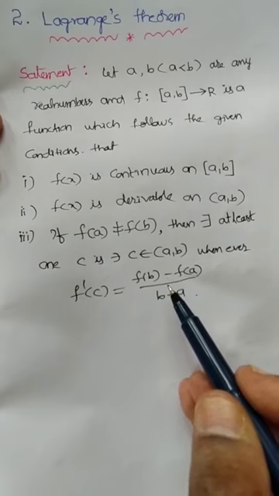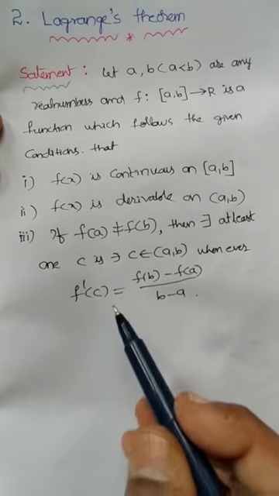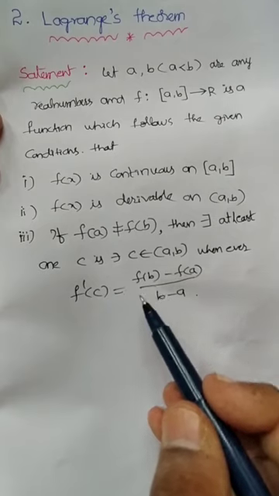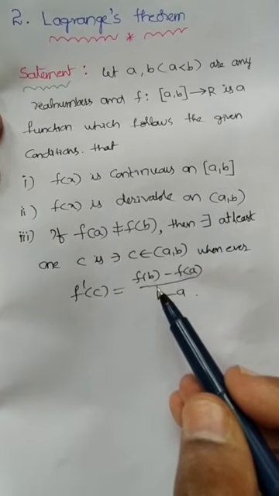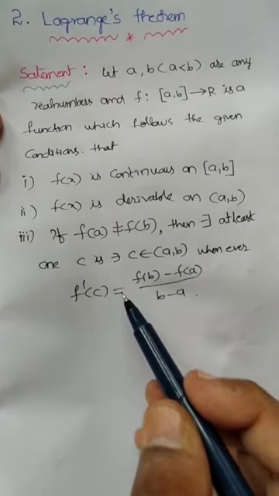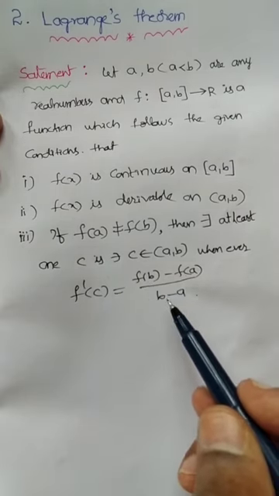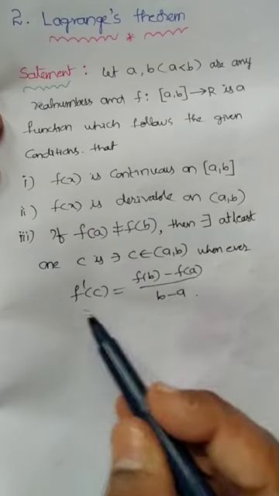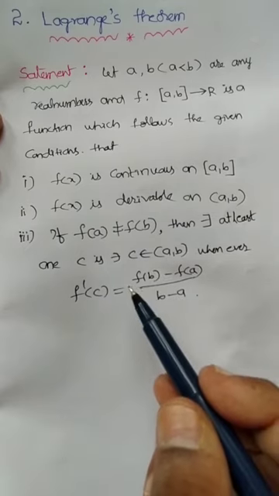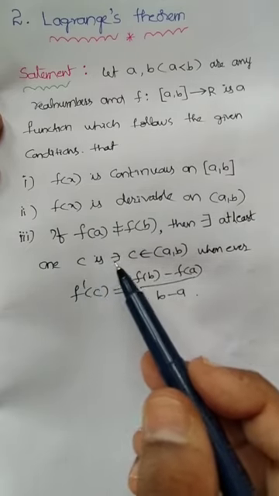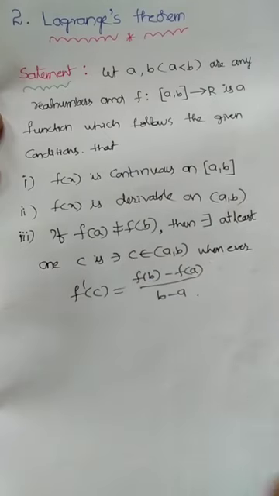In Rolle's theorem, we took the f dash of c value as 0. But in this case we take f dash of c as f of b minus f of a by b minus a. Whenever this happens, we have to show that c is in between a comma b.